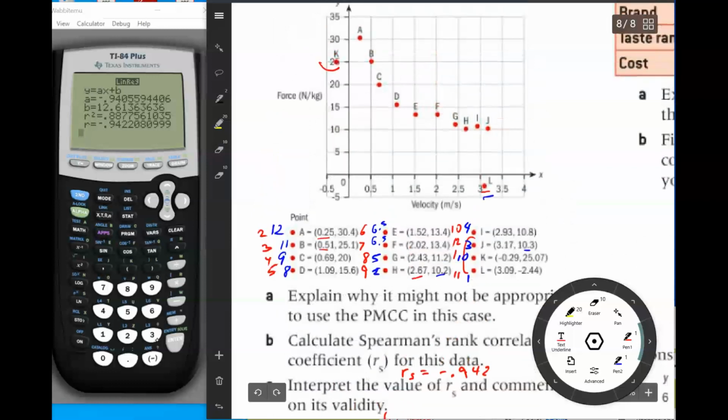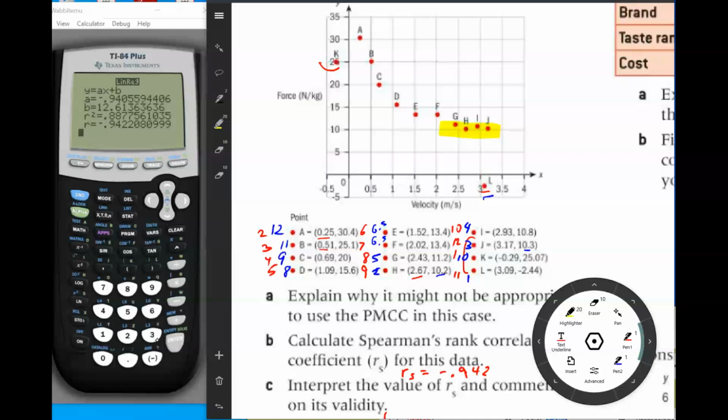Okay, so if you look at this region, especially around here, regarding the validity, we could say that the force values sometimes are really close together. So any little change in the force values could really affect the R value.